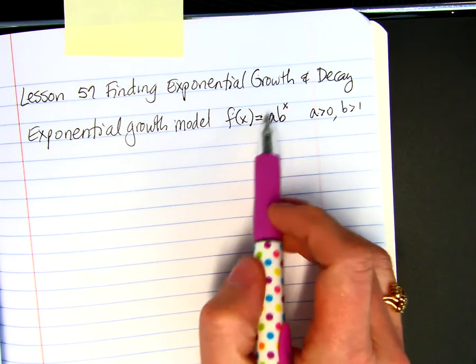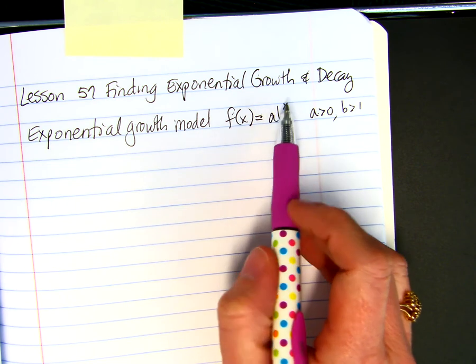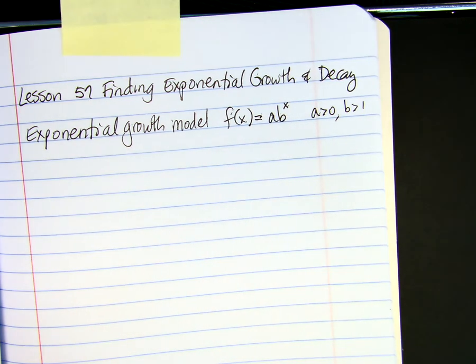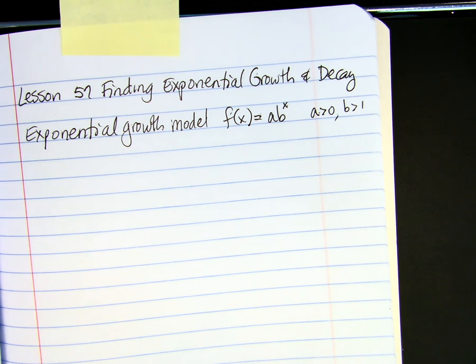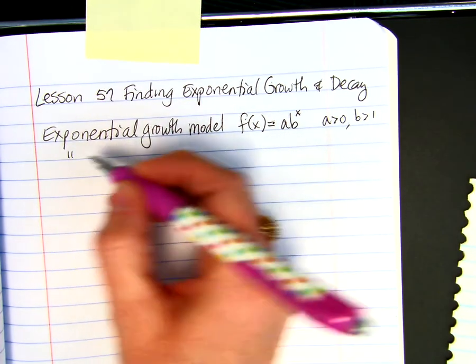So if your coefficient is greater than 0 and the number being raised to the exponent is bigger than 1, then it's going to grow and get bigger for each x.